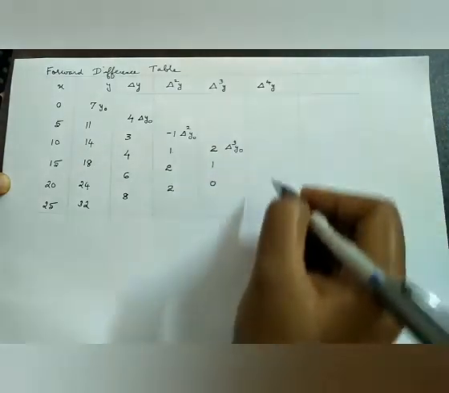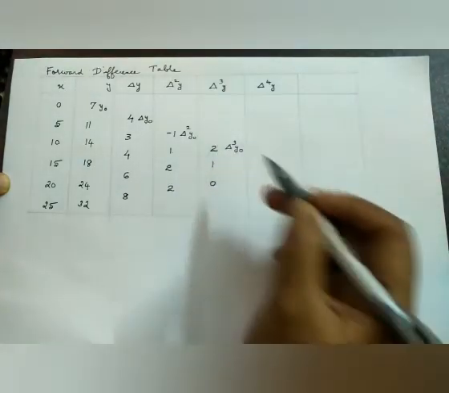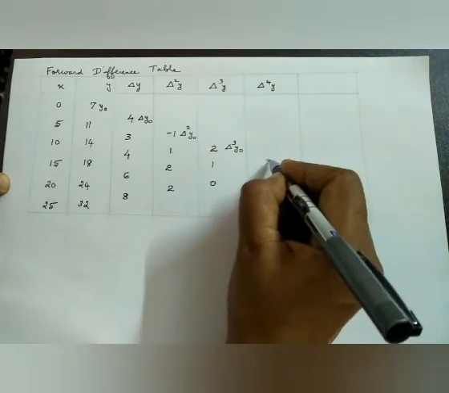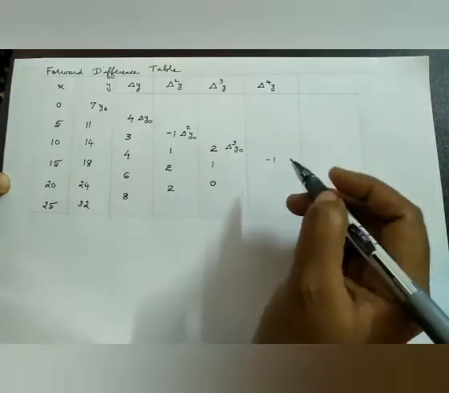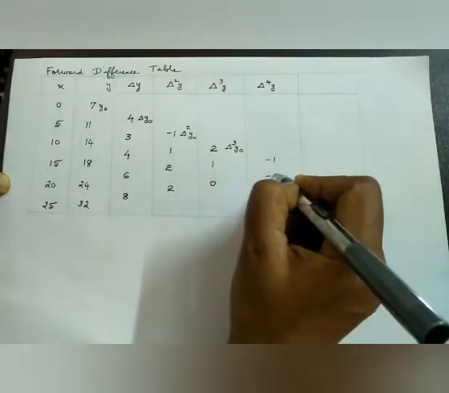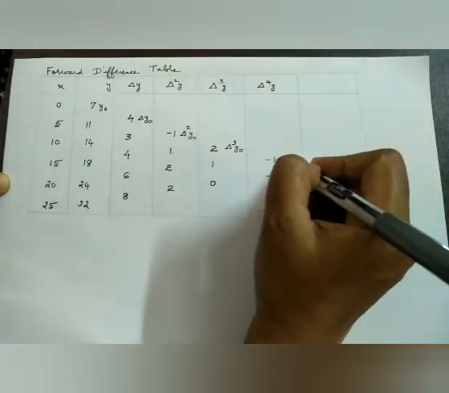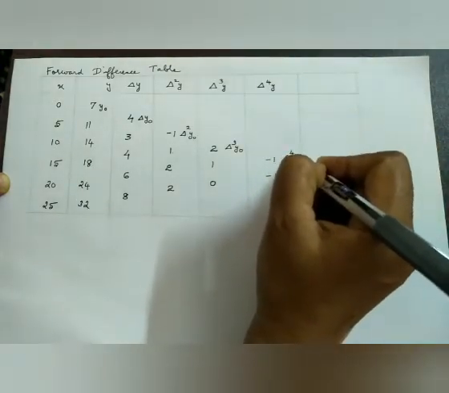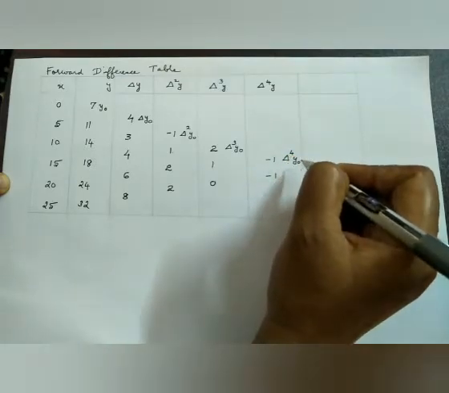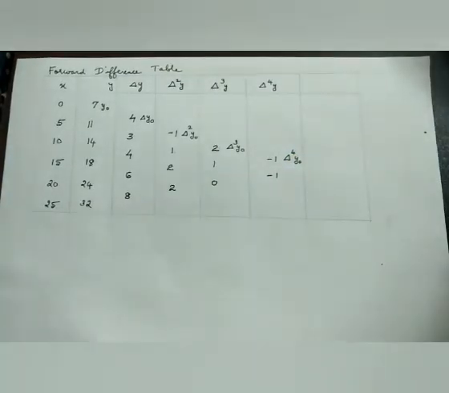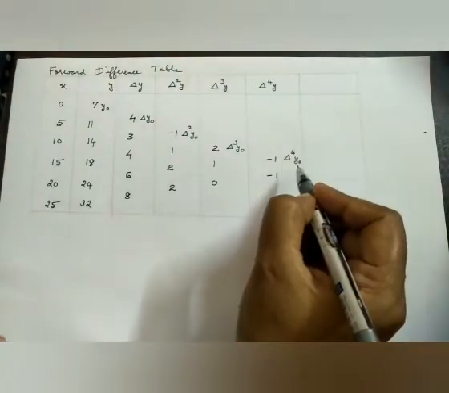Fourth difference column: 1 minus 2, this is minus 1. 0 minus 1, that is again minus 1. Therefore, it is delta raised to 4y0.